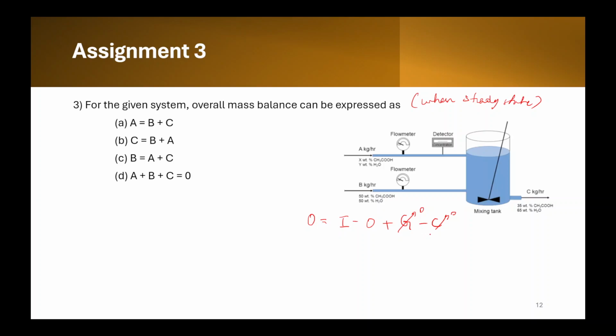No new product is being formed or reactant consumed. So these will be 0, and accumulation is 0 because steady state. So inlet is equal to outlet. What streams are coming in? A plus B is equal to C. So the correct answer here will be C is equal to B plus A.